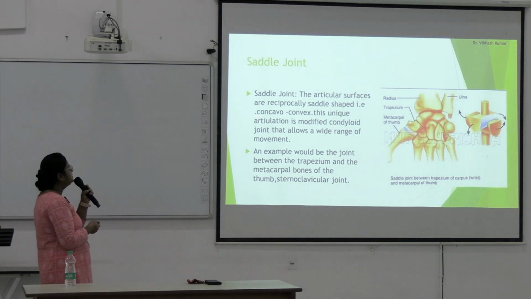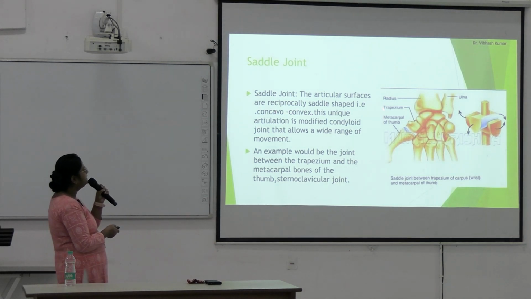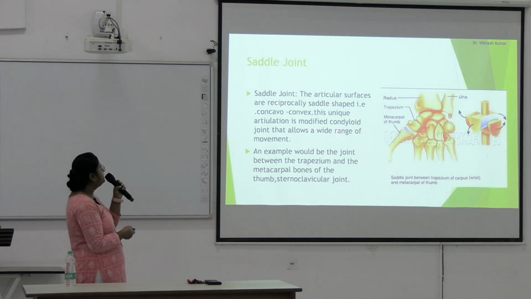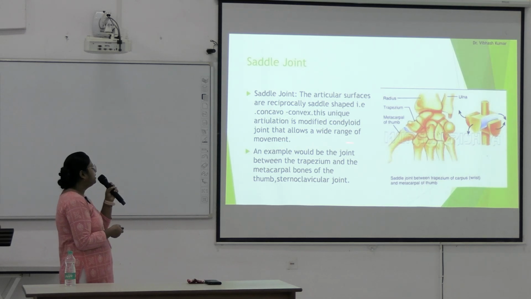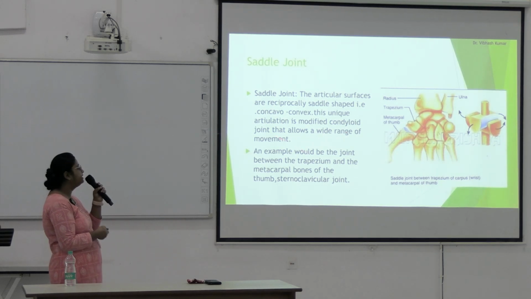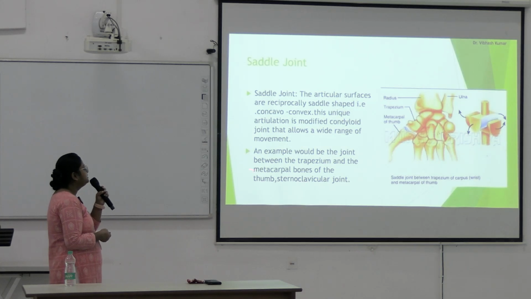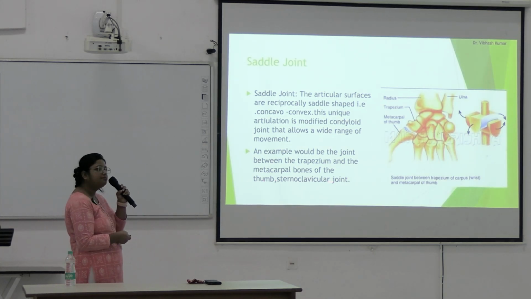Saddle joint articular surfaces are reciprocally saddle surfaces, that is concavo-convex, and the unique articulation is a modified condylar joint that allows a wide range of movement. An example would be the joint between the trapezium and the metacarpal bone of the thumb. Another is the sternoclavicular joint.